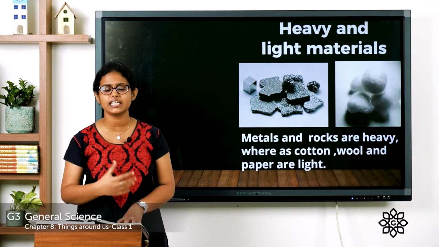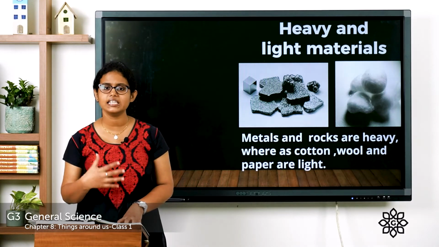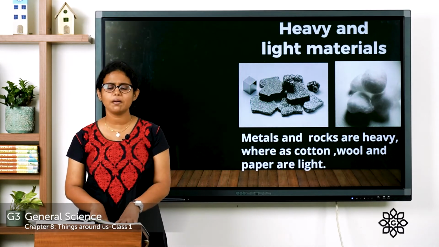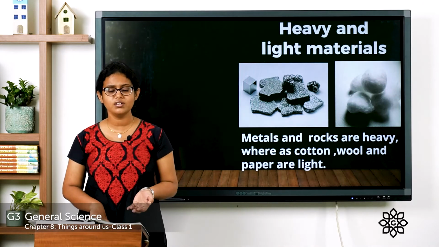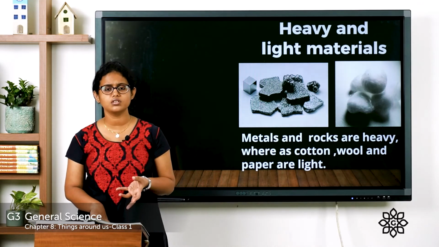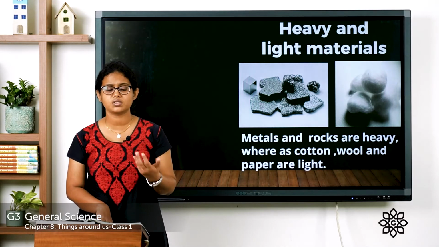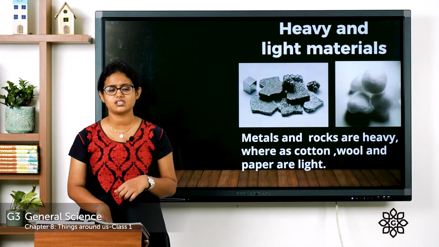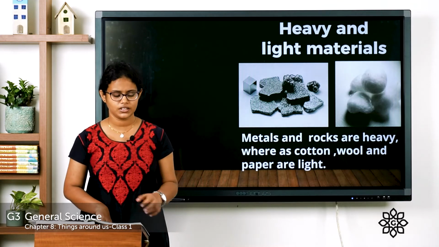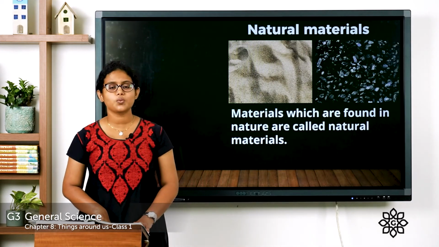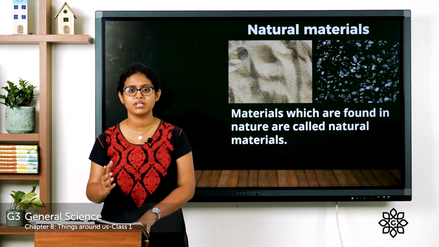We can easily carry them and they have less weight. Then there are materials like wood, paper, cloth. All these materials burn very easily. Then what about metals and rocks? They do not burn.